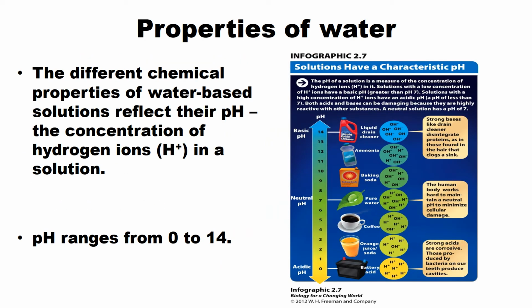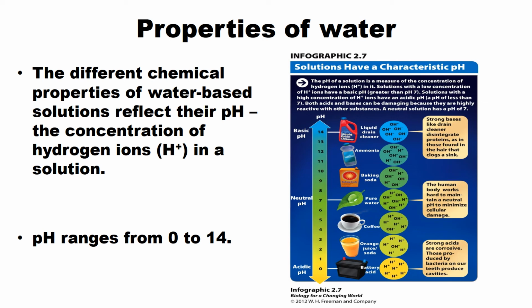Another important property of water is that it can act as an acid or a base. Water is the buffer system that we have in our body that ensures that the pH of the blood is close to 7, or basically neutral.